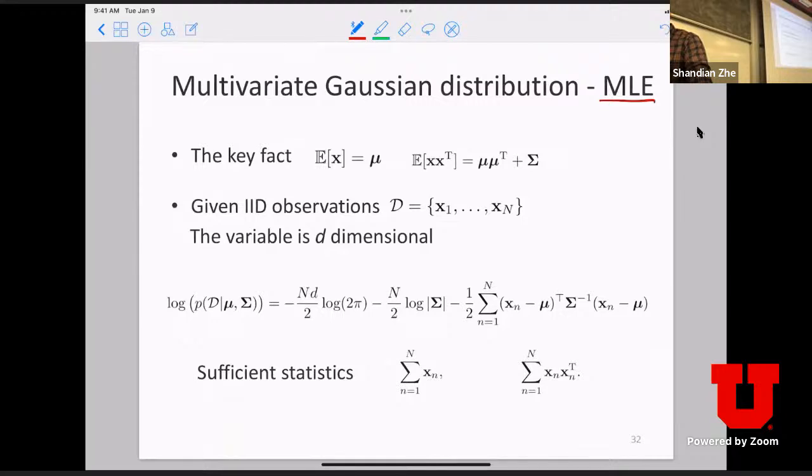First, from the multivariate Gaussian distribution, we can get two key facts. First, the mean of your distribution is mu.